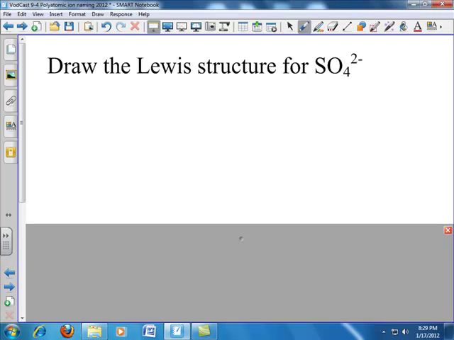Okay, now that I've kind of reinforced that, we've done Lewis structures in the past, okay? So let's draw the Lewis structure for SO4 2-. That's a polyatomic ion. I have a sulfur that has 6 electrons, and I have 4 oxygens, okay?